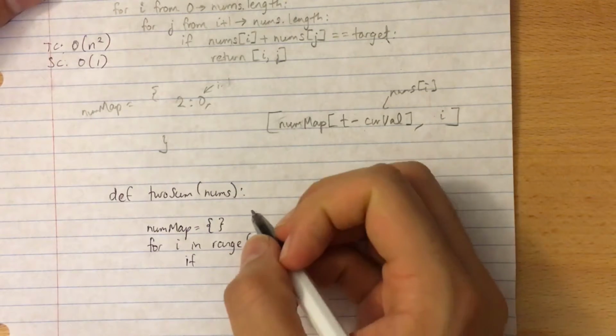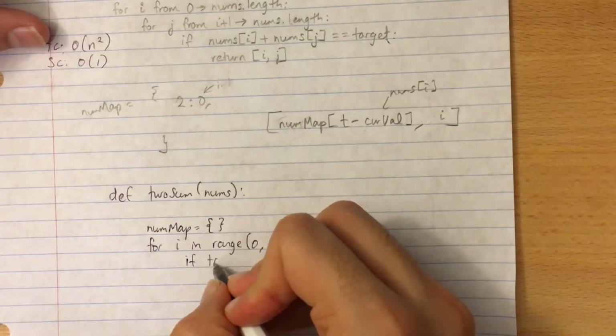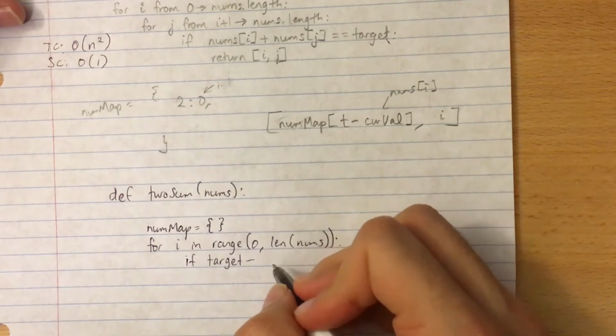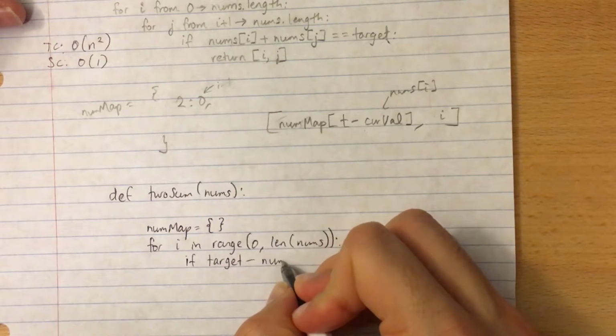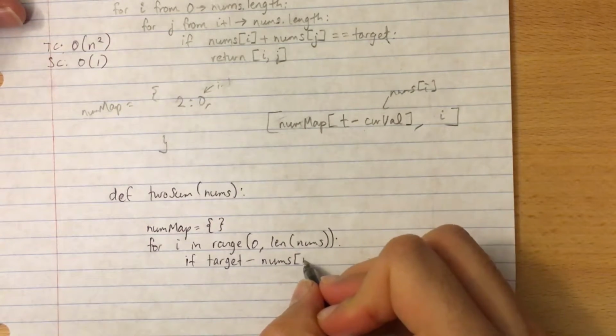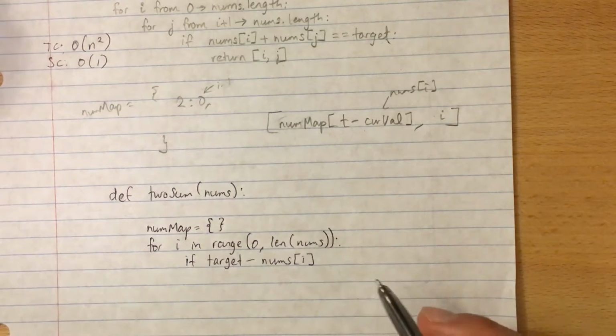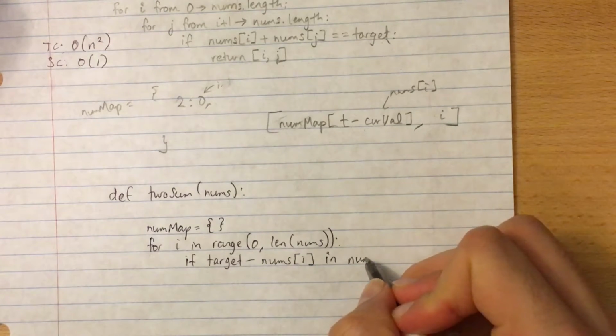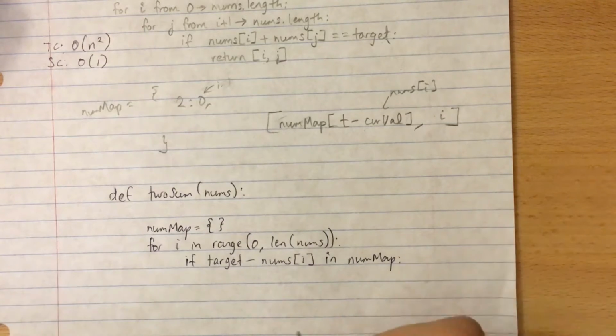So I say if target minus nums at i, is it there in the map? So is it in nummap?